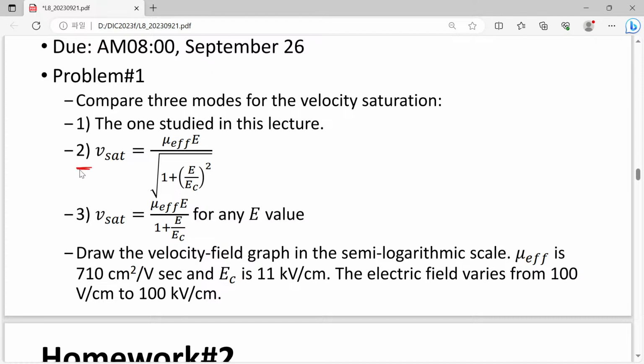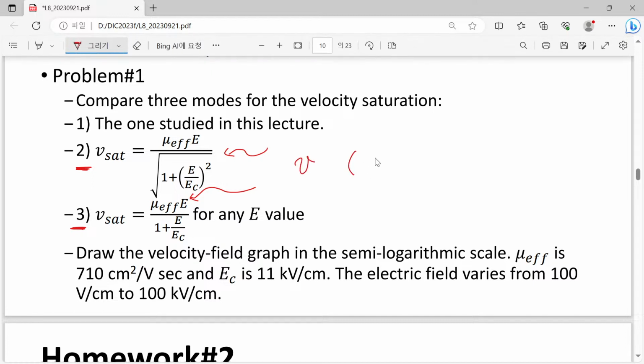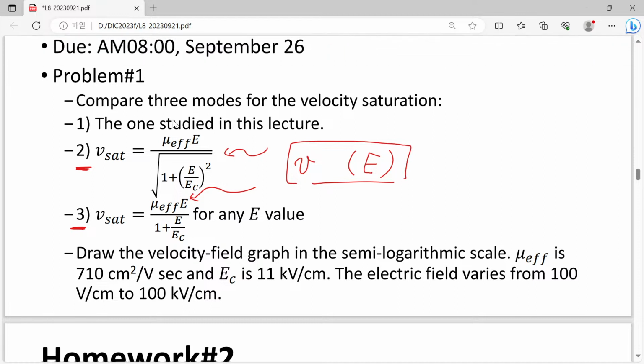This is the number 2 item and the number 3 item. They are typically used to describe the general relation of our velocity and electric field. That is the frequently used expression.